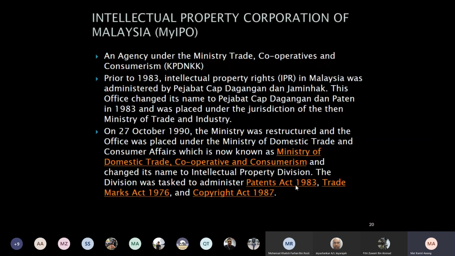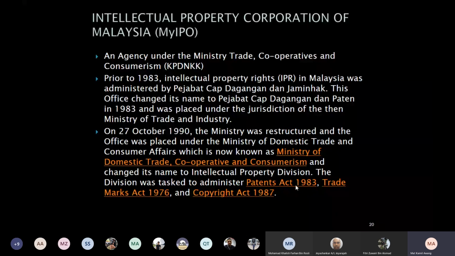Prior to 1983, IPR in Malaysia was administered by Pejabat Cap Dagangan dan Jamin Hak. This office changed its name to Pejabat Cap Dagangan dan Patent in 1993 and was placed under the jurisdiction of the Ministry of Trade and Industry at the time. In 1990, the ministry was restructured and the office was placed under the Ministry of Domestic Trade and Consumer Affairs.